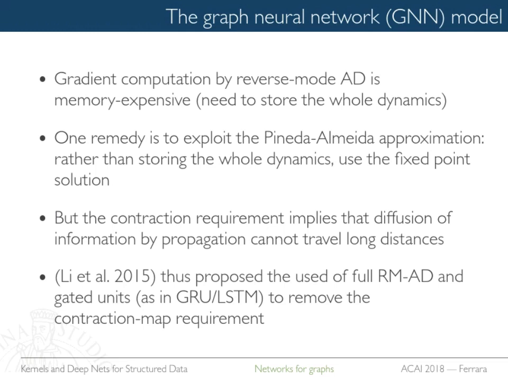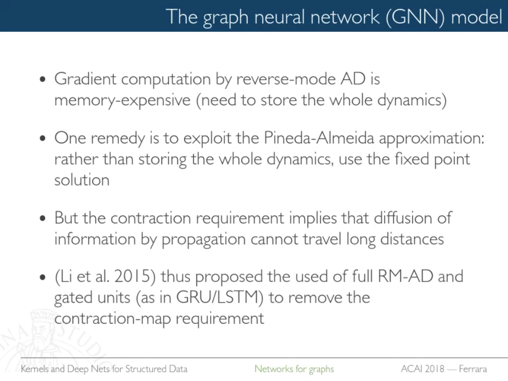To do reverse mode, you have to keep everything in memory. That's the way it works. In particular, you have to keep in memory all the embeddings at every time step for all the vertices. So if you have a huge network, that might be expensive if T is like 1,000. You might end up with problems with your memory. It's not the running time, it's really the memory, which is a problem.